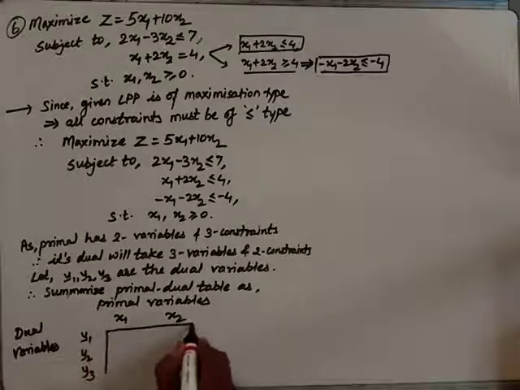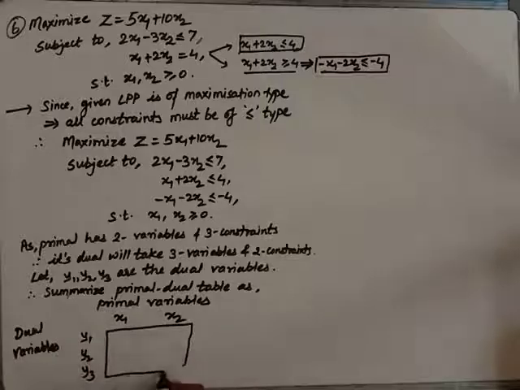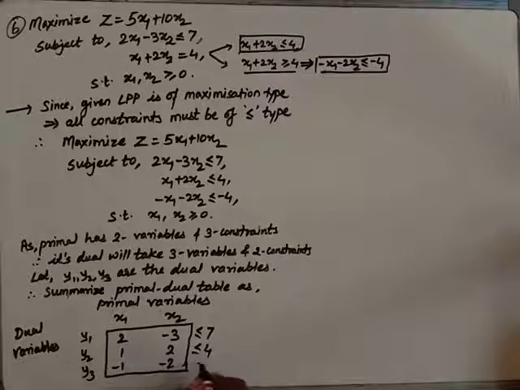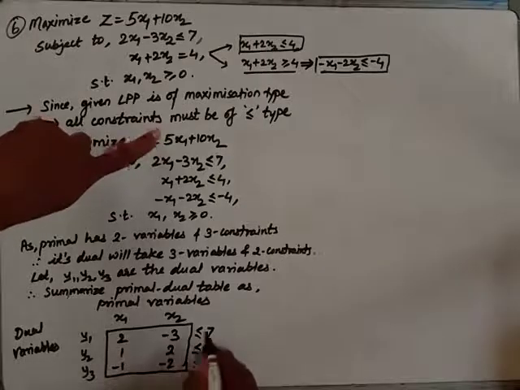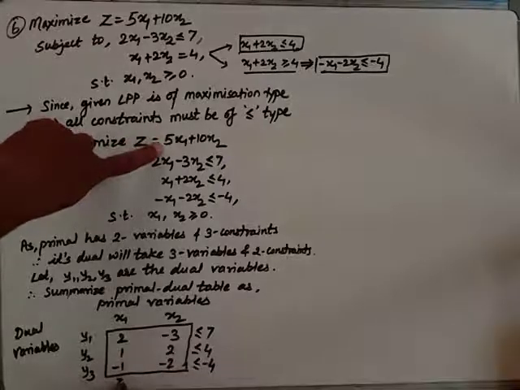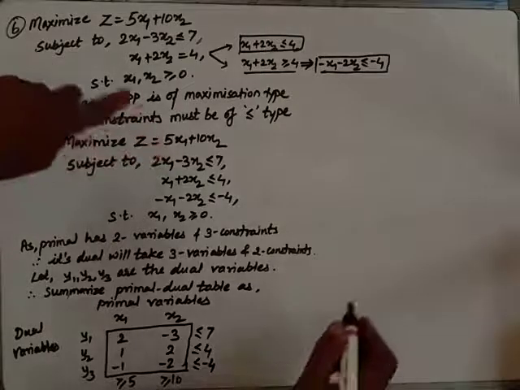So let us write them. What we get here? 2, minus 3, less equal 7. Here 1, 2 less equal 4. Minus 1, minus 2 less equal minus 4. And these are of less equal type, so in the dual they become greater equal 5, again greater equal 10.